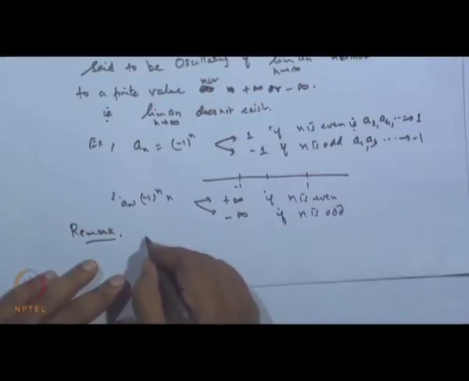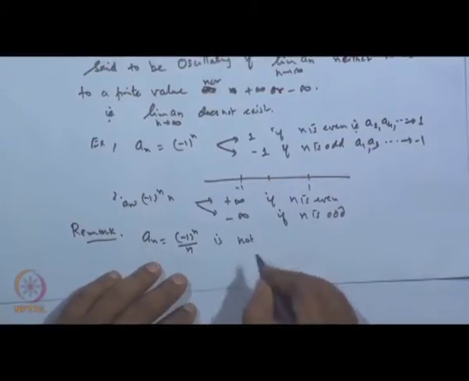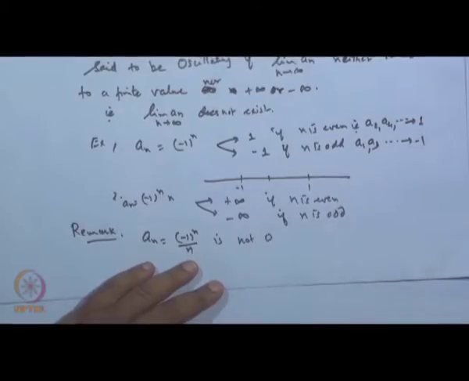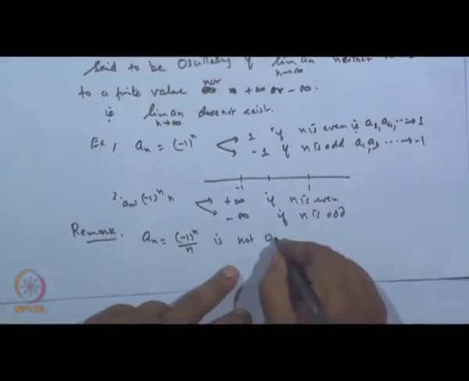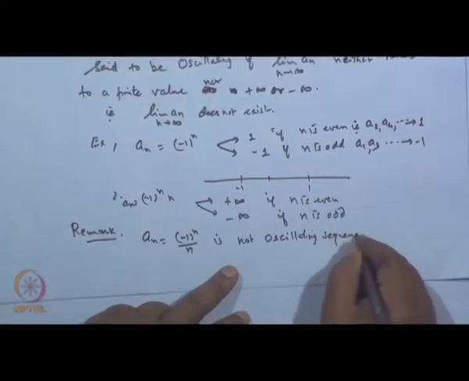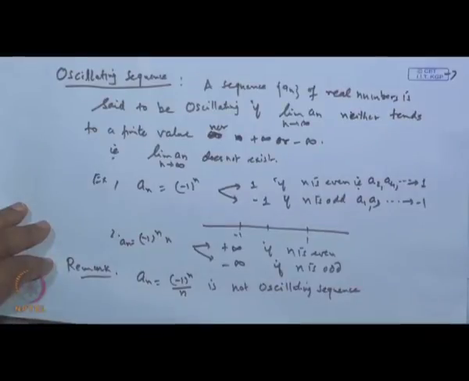However, the sequence a_n which is minus 1 to the power n by n is not an oscillating sequence. Why? Oscillating sequences are those whose limit does not exist, the limit is not tending to a finite value or plus infinity or minus infinity.